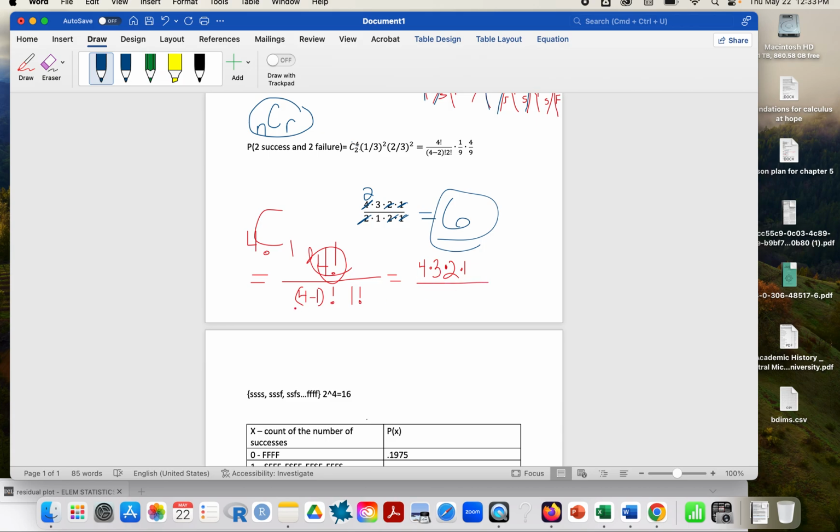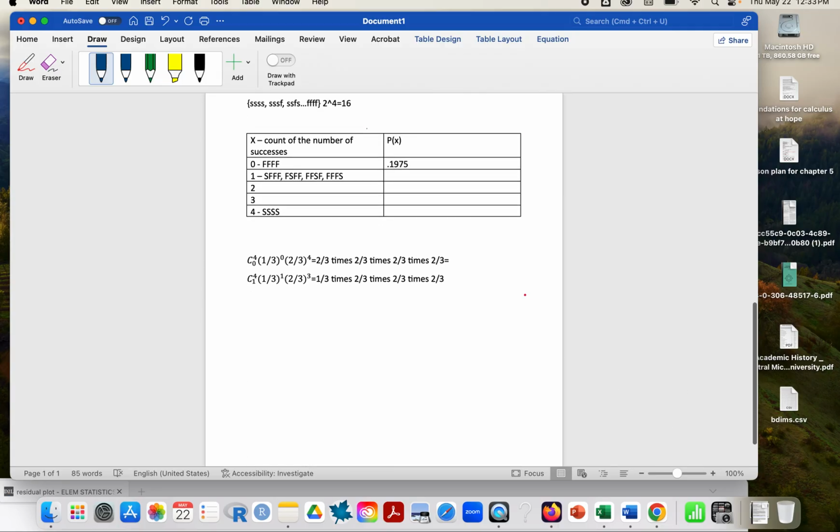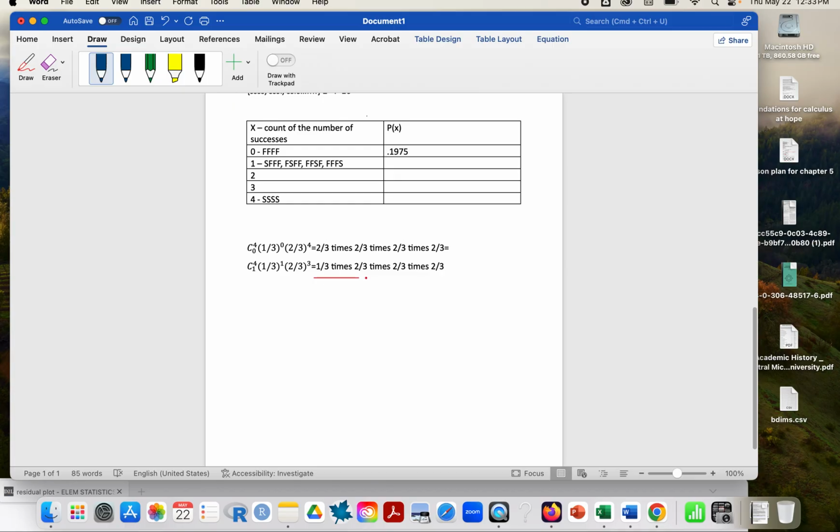And then over here is 4 minus 1, which is 3 factorial. So you'll have 3 times 2 times 1. And then 1 factorial is just times a 1. What will happen is the 3 2 1s will cancel, and you're left with 4. So there are 4 different paths that have 1 success and 3 failures. So we multiply this by 4.